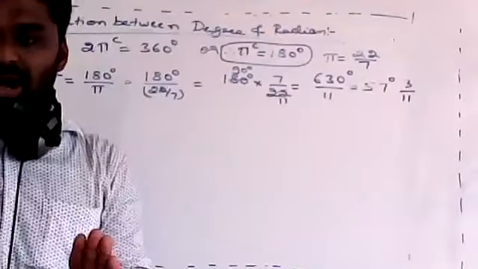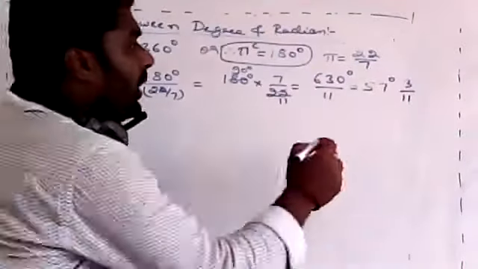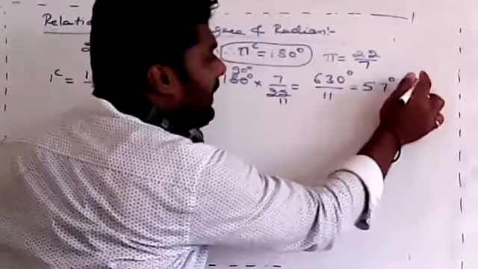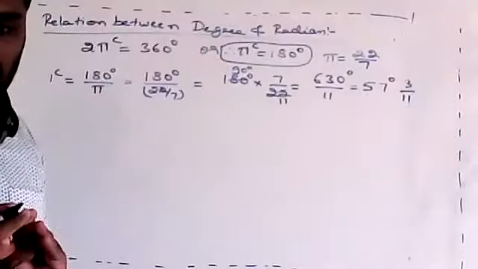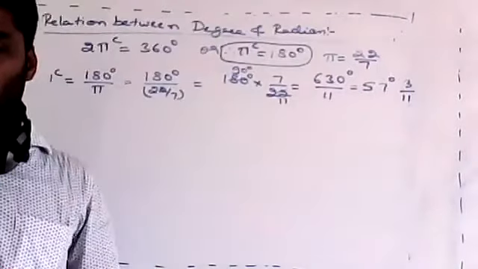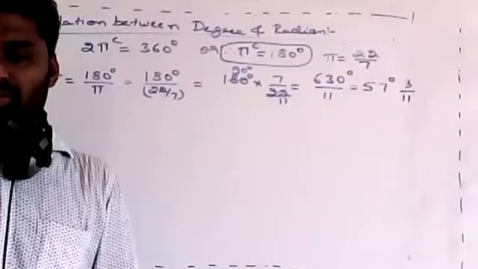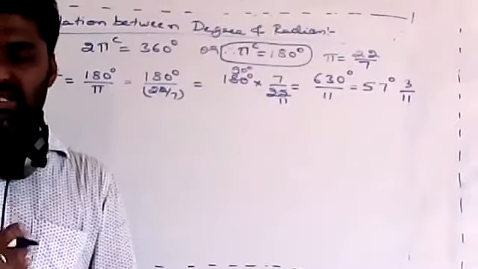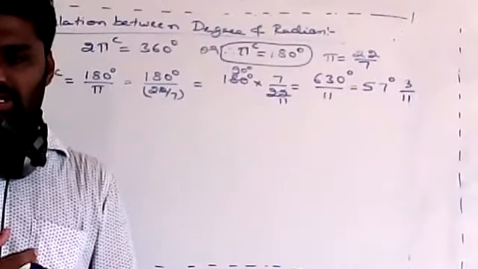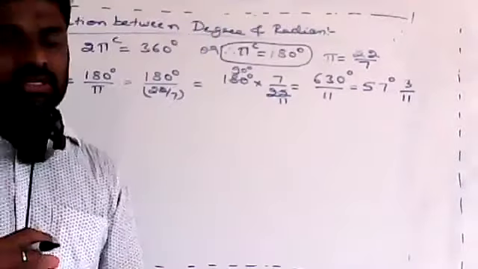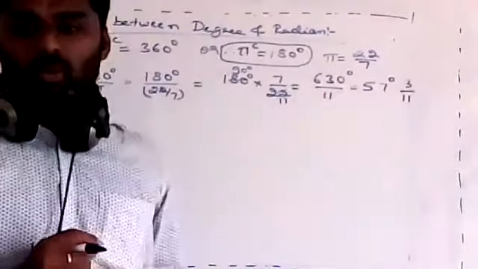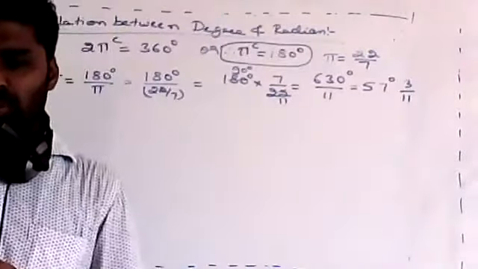We can't divide 3 degree by 11, so we just convert it into minutes, because all these things are not given in the NCERT book. 1 degree is equal to how many minutes?